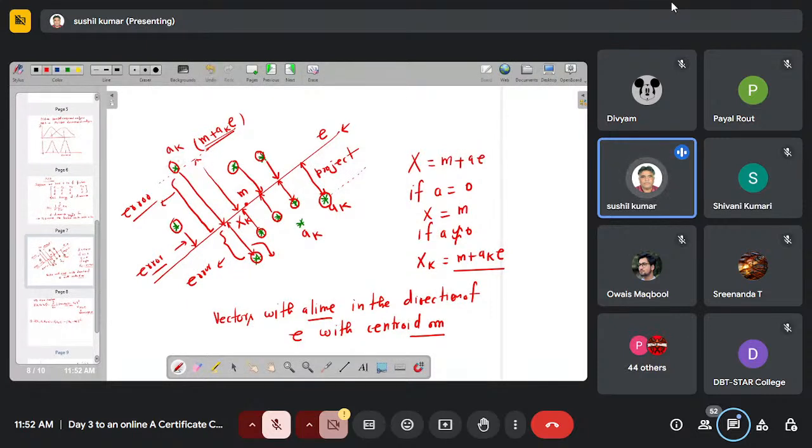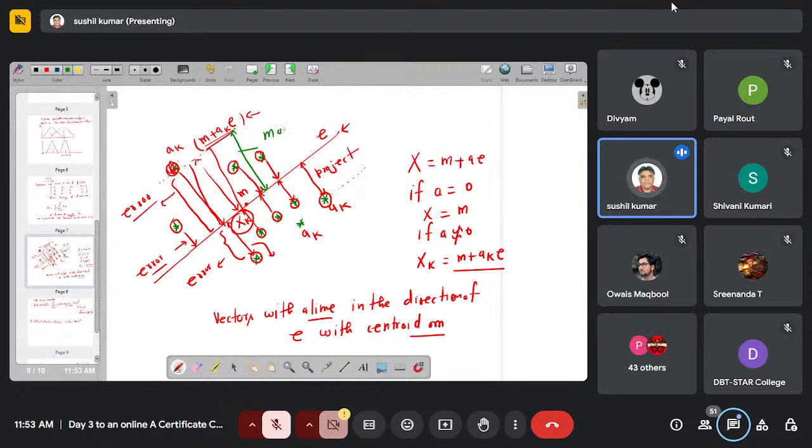So if I'm at this point, the equation for this point is this one, and for this one is xk. So if I subtract from this one to this one, I will go to this error. So this is the error here, and I got it. How I got it?